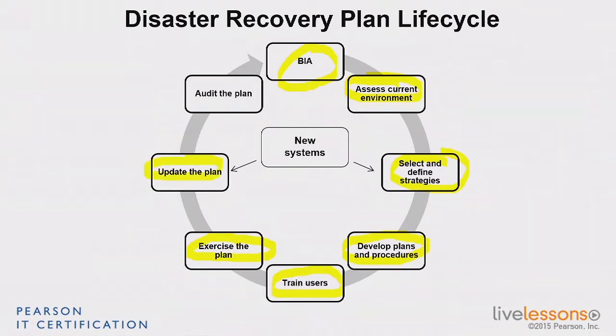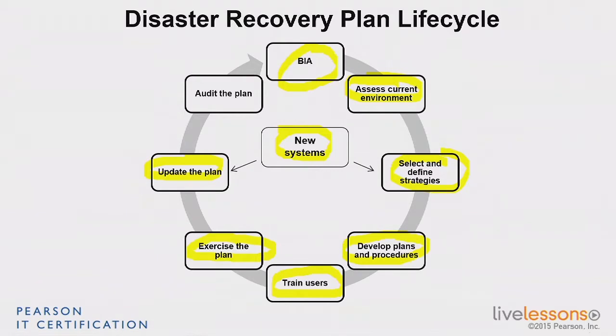Then there's going to be a continual process of updating the plan, either based on what we've learned from our exercises and also because we're always going to be integrating new systems into our environment. And one of the things that should always be integrated in a new system life cycle right from the very beginning is assessing the criticality of that system so that we can design the appropriate resiliency, redundancy, data backup strategies, or perhaps even replication strategies.